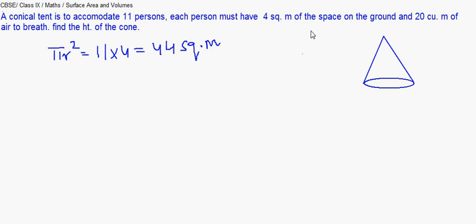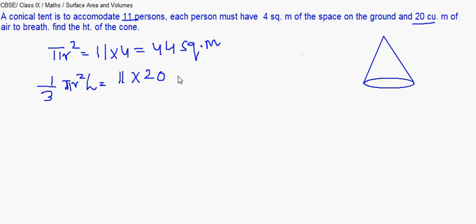The second is 20 cubic meter of air to breathe. That means the volume of air for 11 persons will be 11 into 20.